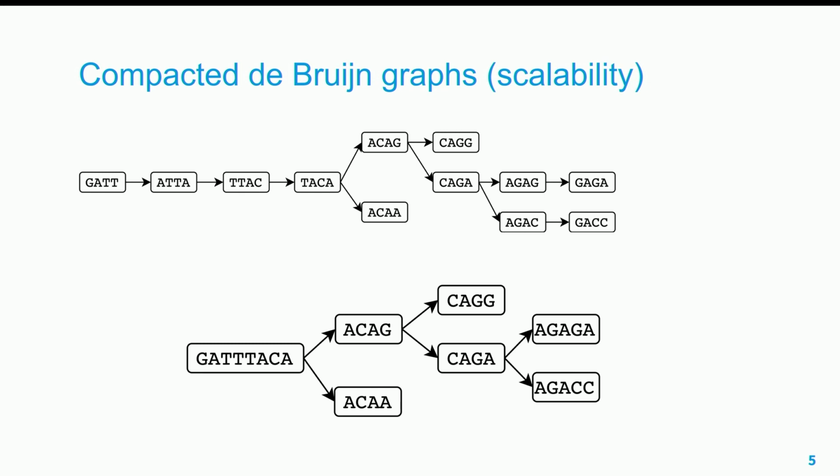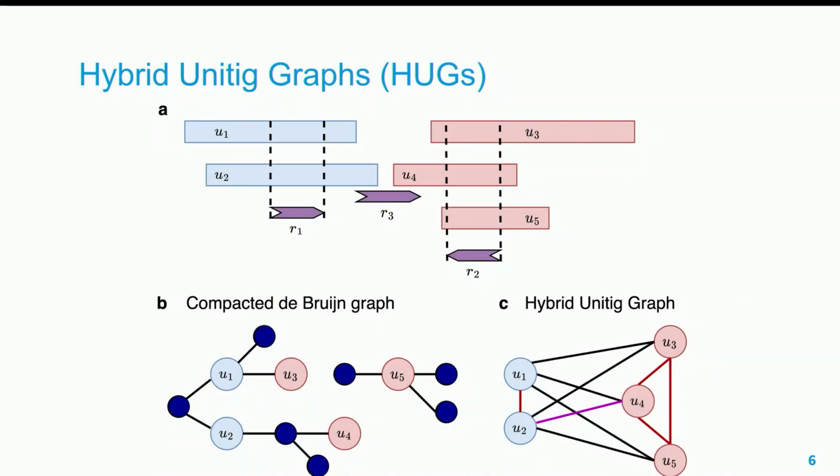They have a property that if something was a full genome, then that same string of characters will be preserved in a compacted de Bruijn graph. So this is what you want to retain here: these graphs are essentially lossless compression of our read data. Now, however, as great as this lossless compression is, it's also somewhat devoid of additional information.